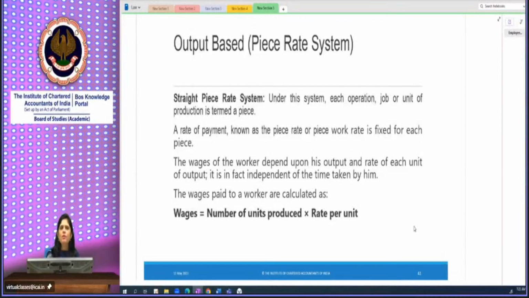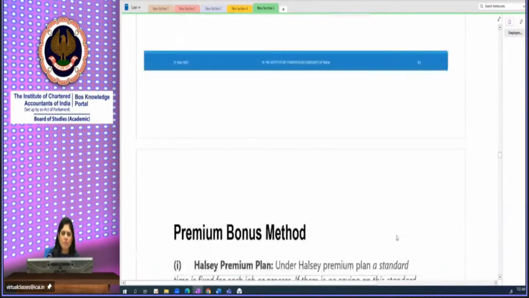So if they have produced 10 units, and they will be paid 100 per unit, the wages are 1,000. Whatever production they have made, the pay will be according to the output only. All right. So that is piece rate. Piece rate means unit based, how many units of production or output they have produced.